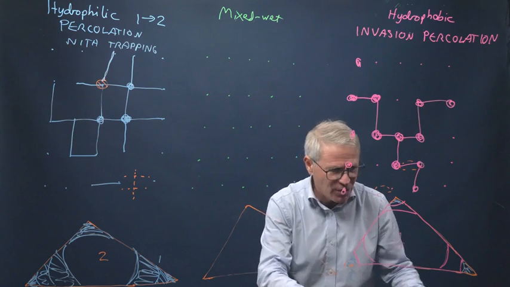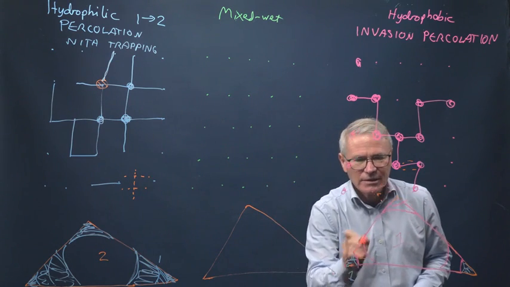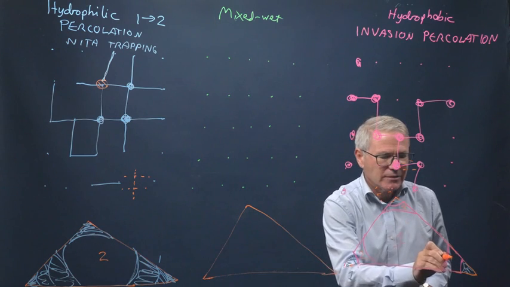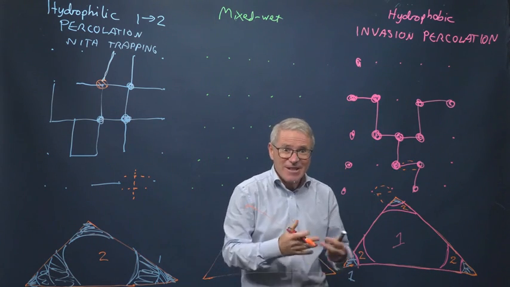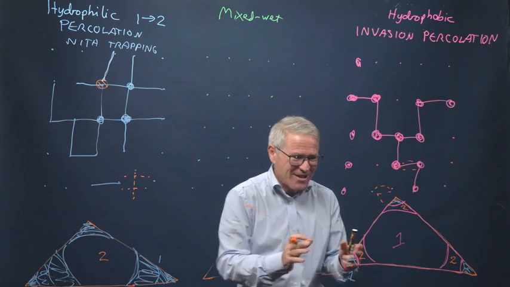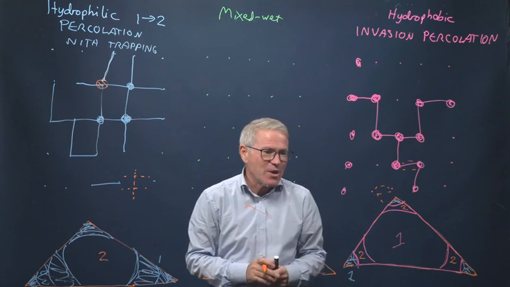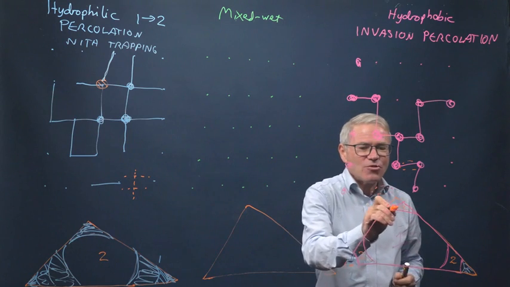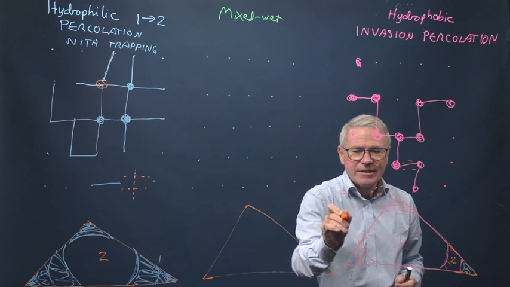And then phase 2, the oil or the gas phase, is the defending phase and is a wetting phase, and this is trapped in a layer here. So this is what we have as a layer.